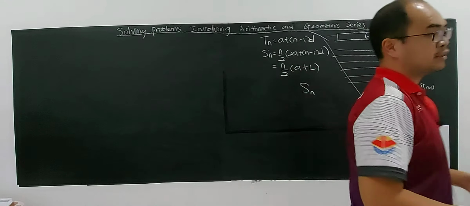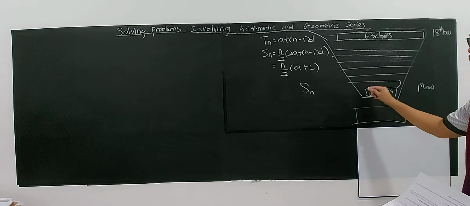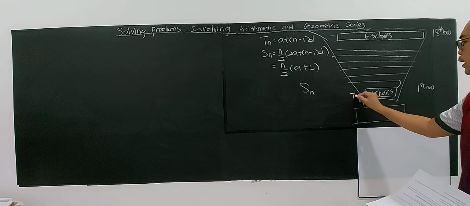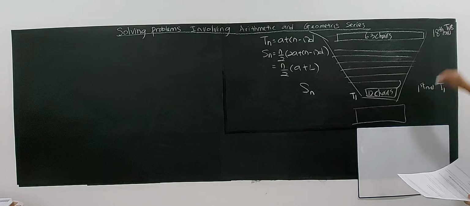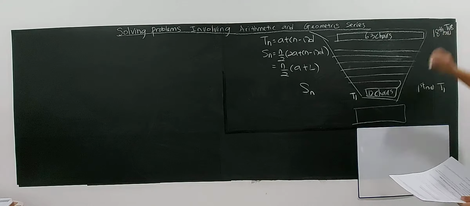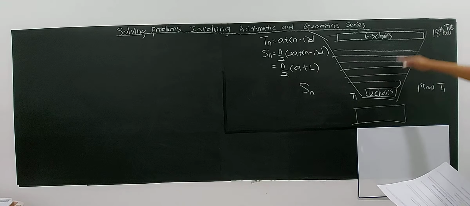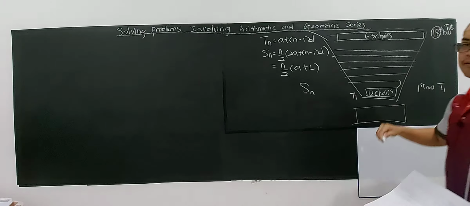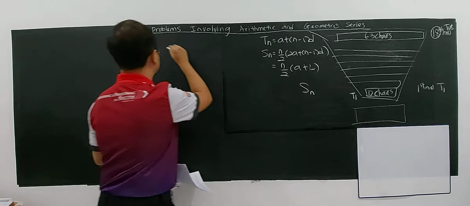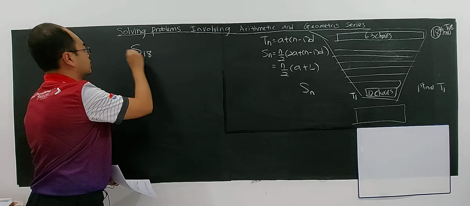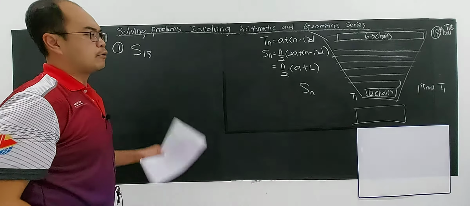The number of chairs means you are going to add 12 chairs plus T2. This is your T1, row 1 is T1. This is T18, so T1 plus T2 up to T18. You already know you have 18 rows, very easy. So the n here is S18. How do we know it's S18?